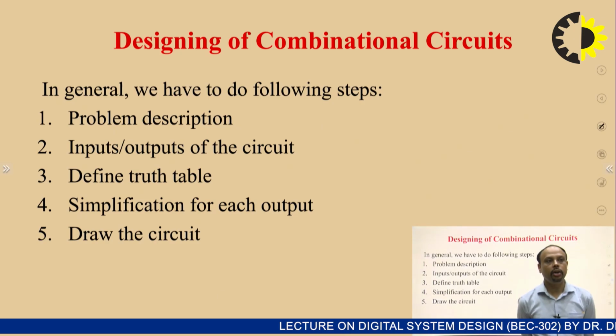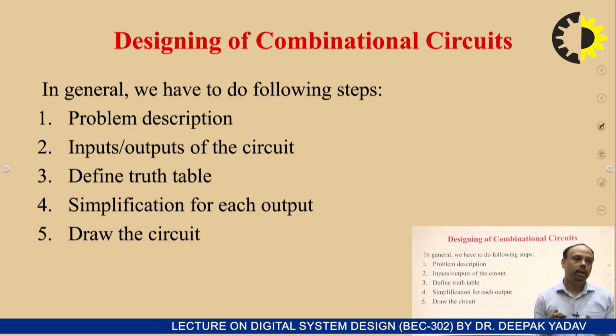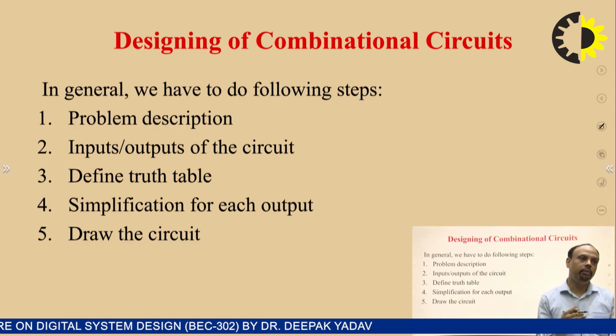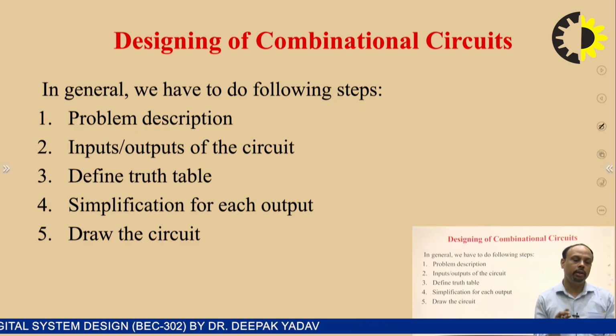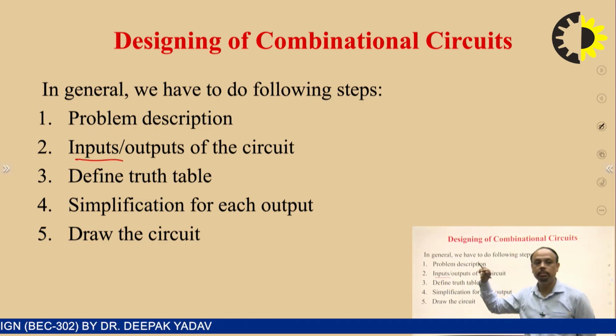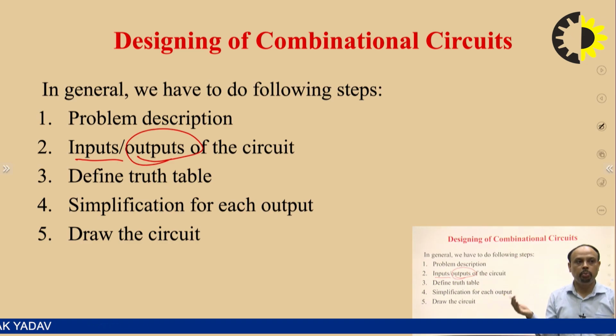So how can we design a combinational circuit? To design a combinational circuit, first of all we have to describe the problem: what is the problem and how we can deal with it. If there is a problem in which there is a certain input and we want a certain output for these inputs, first we have to decide the number of inputs in the problem and the number of outputs in the circuit.